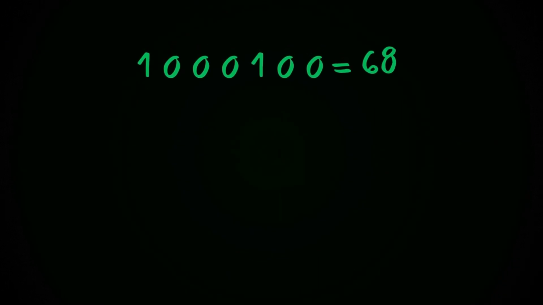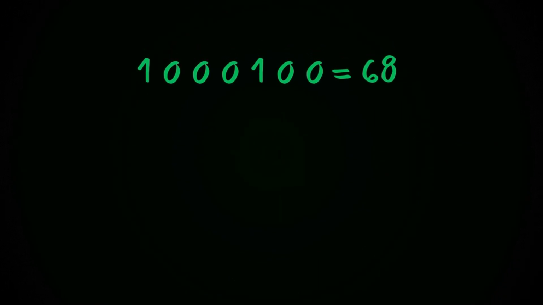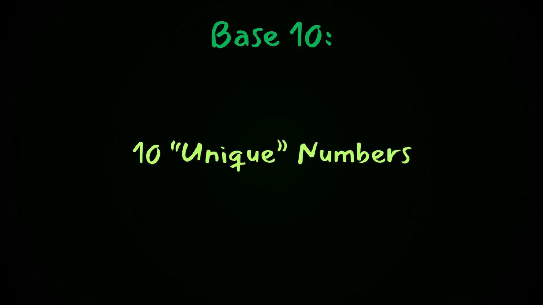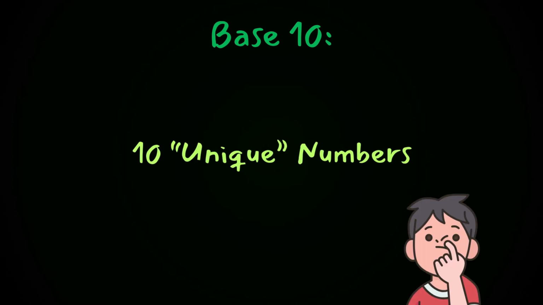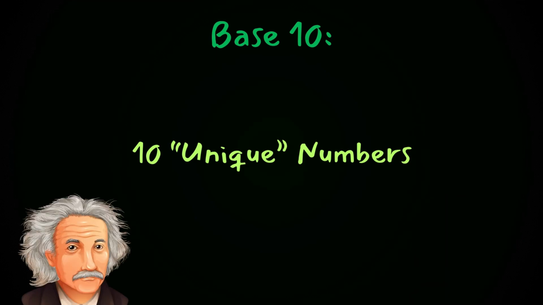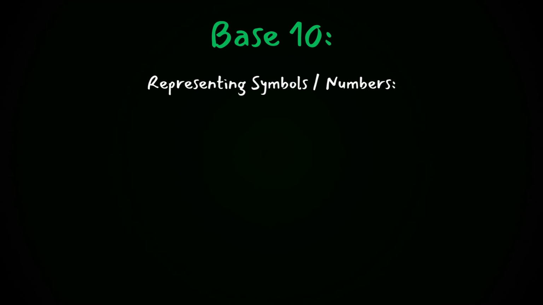Like when I converted 10000100 to 68, 68 was the decimal value. In coding, it is also known as base 10. The reason it's called base 10 is because it uses 10 unique numbers. Not so unique to a regular person, but for us, they're very unique. Representing symbols are 0 through 9.